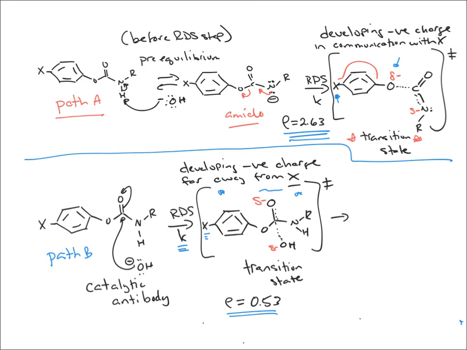These two rho values for the hydrolysis of the carbonate esters are significantly different, and so this indicates the same mechanism must not be taking place under the two different conditions of the experiments.